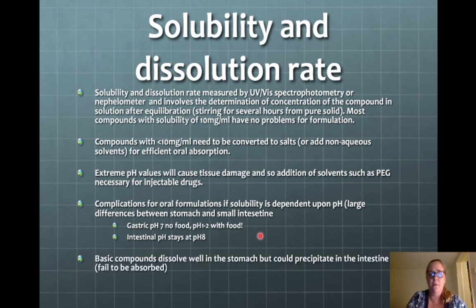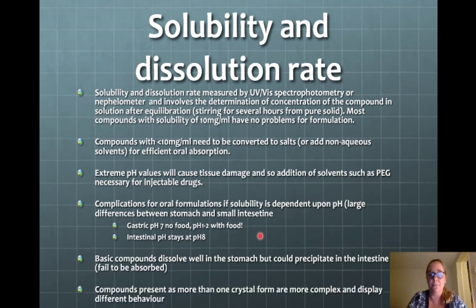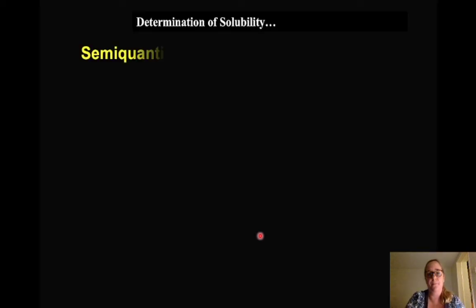So basic compounds will dissolve really well in the stomach, but could actually precipitate in the intestine, so fail to be absorbed. Compounds present as more than one crystal form may be more complex and display a different behaviour. Also, the lattice energy of the two crystal forms gives different solubility states, which could actually promote precipitation. And so selecting the best salt form and testing is then required.